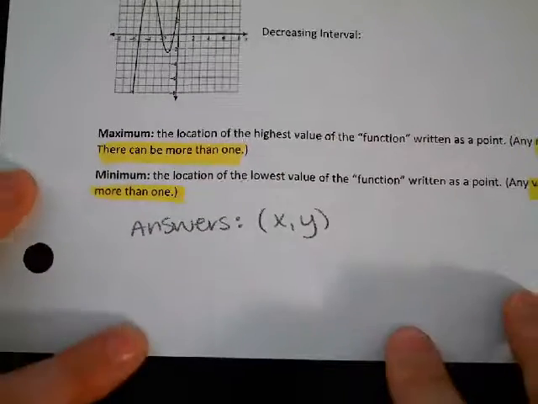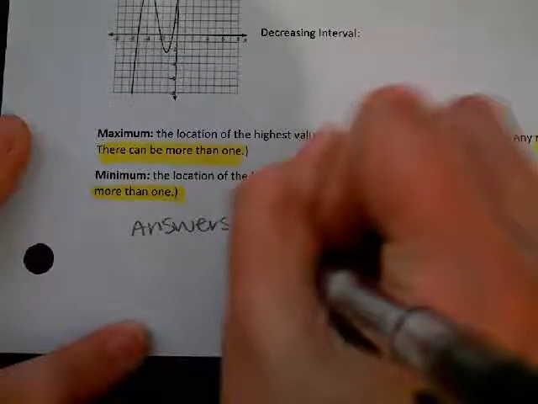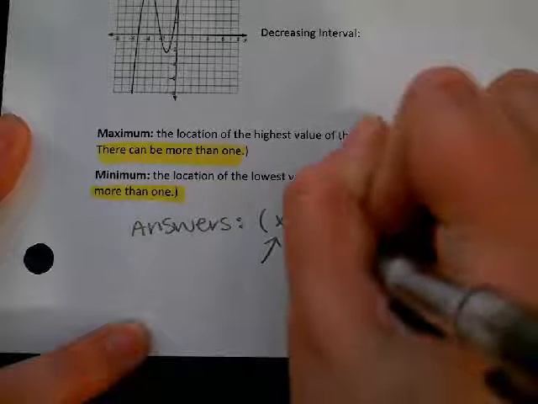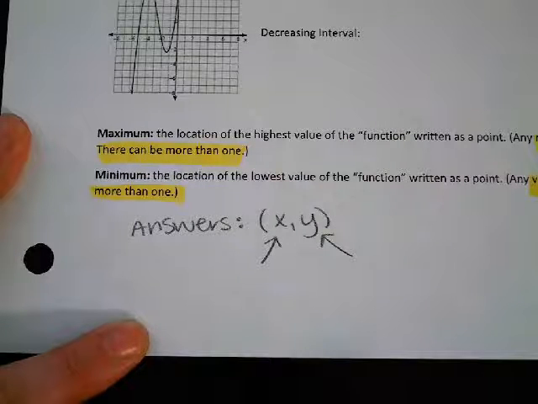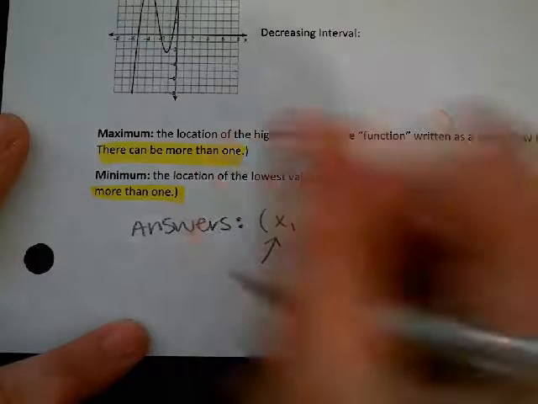However, when you are doing EOC questions or maybe even ACT and SAT questions, it would not be uncommon in a multiple choice setting for them to say, where is the maximum located? For them to ask a where question.